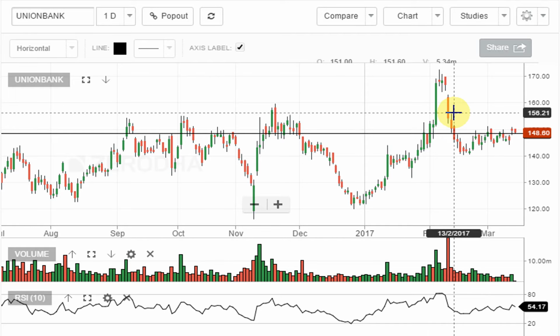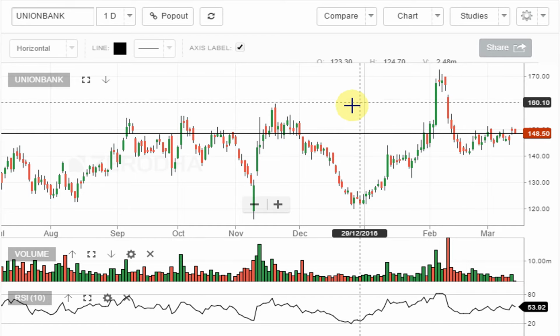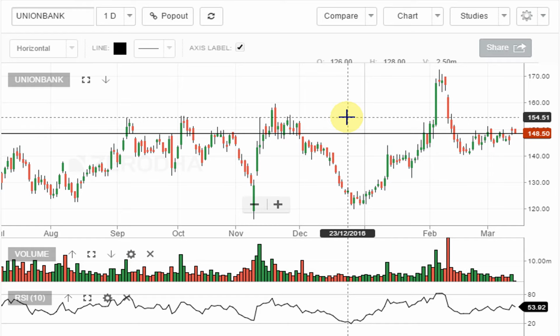Now, what exactly happens after it becomes a support? The stock gets support there. What happens in resistance, the exact opposite happens in support. The price was struggling to go up from that resistance level.